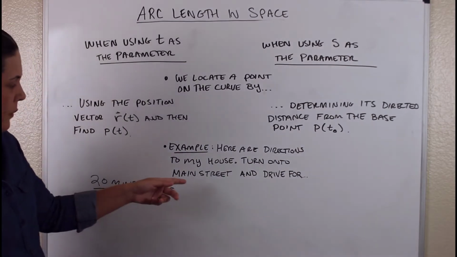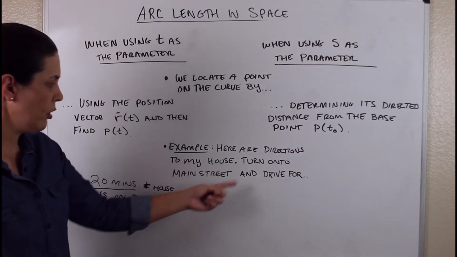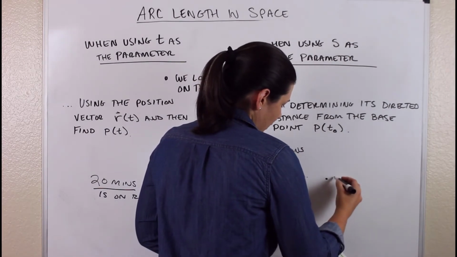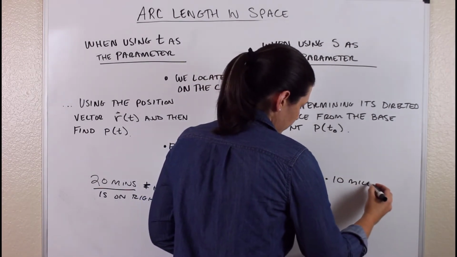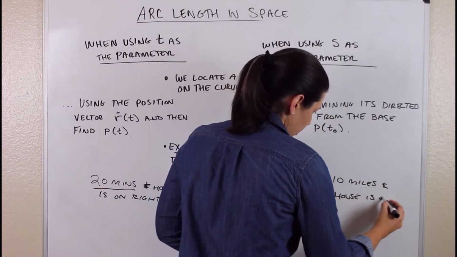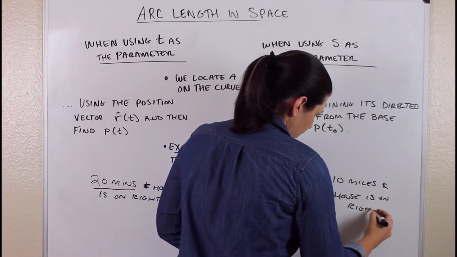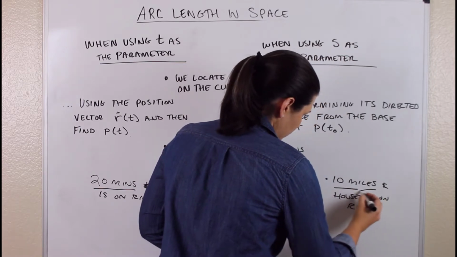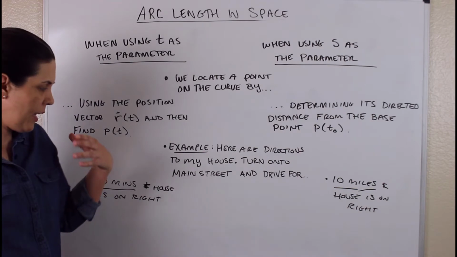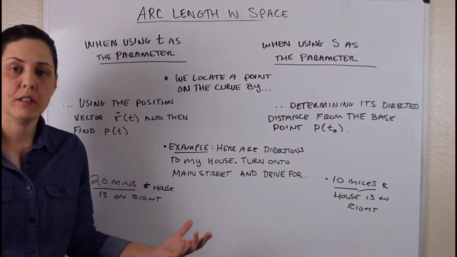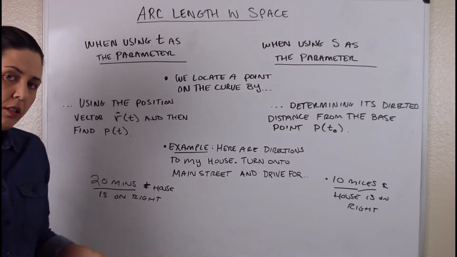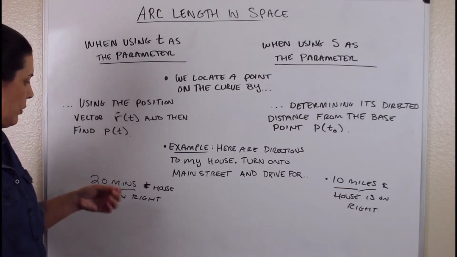The difference would be, here are directions to my house: turn onto Main Street and drive for, let's say, 10 miles, and the house is on the right. So the idea is the input, what you're considering as how I'm going to travel on this road. As soon as I turn onto that road, I can say that my input is time.